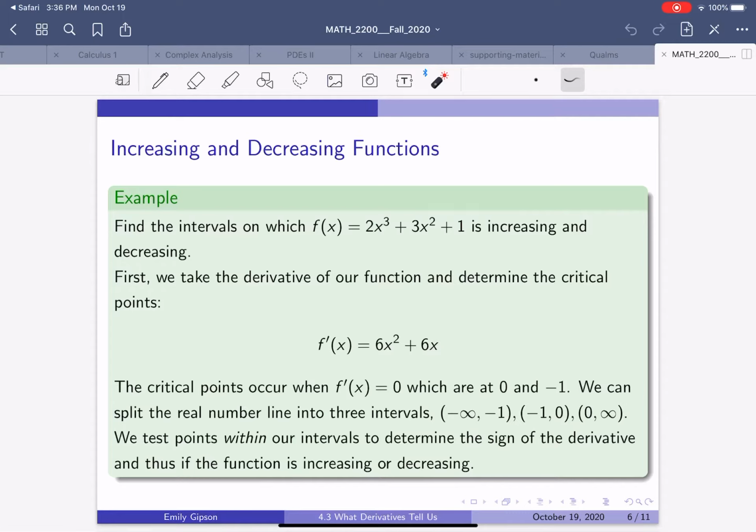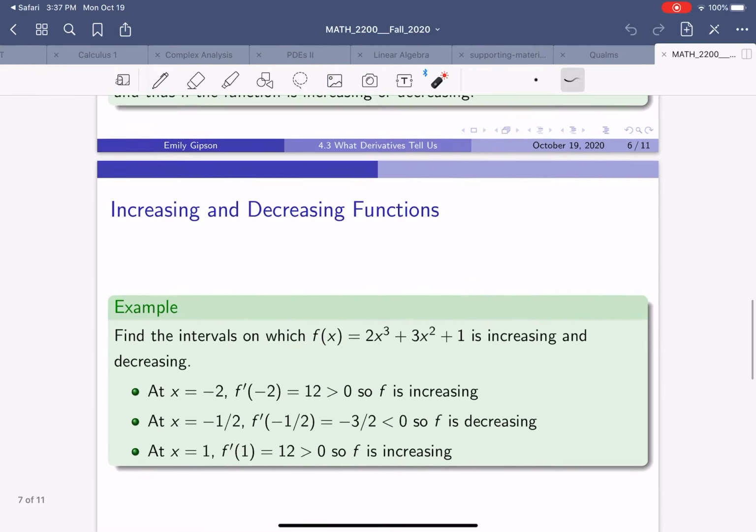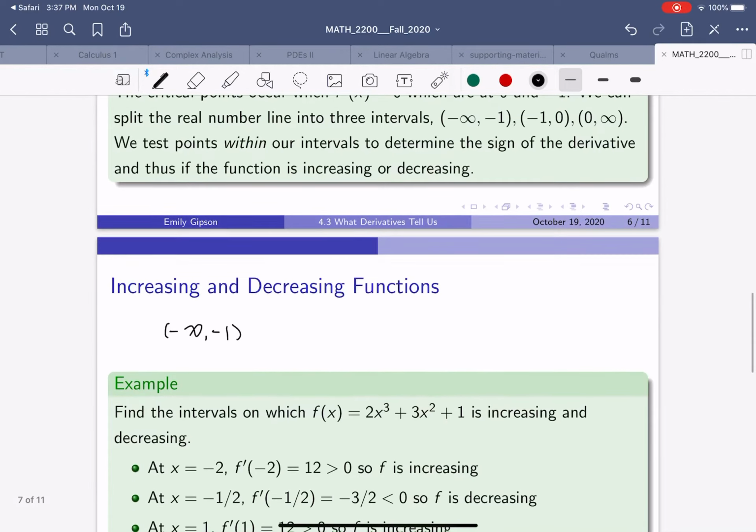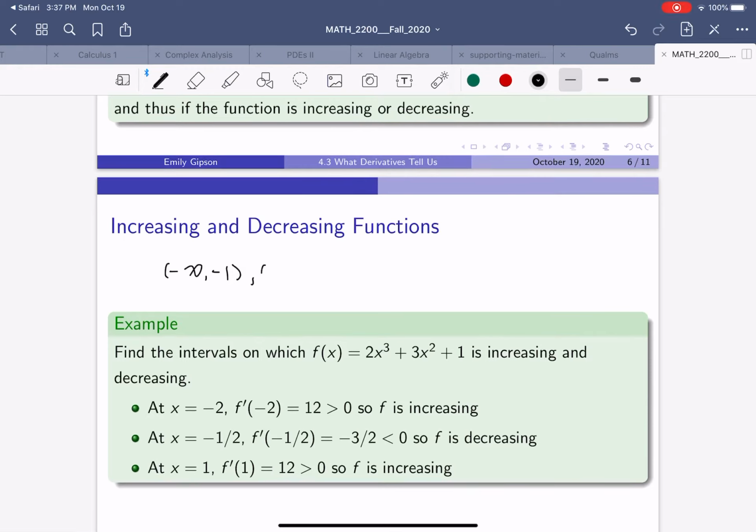Now we test points within our intervals to determine the sign of the derivative, and thus if the function is increasing or decreasing. So we start with the very first interval. Let me write my intervals again. Negative infinity to -1, -1 to 0, 0 to positive infinity.